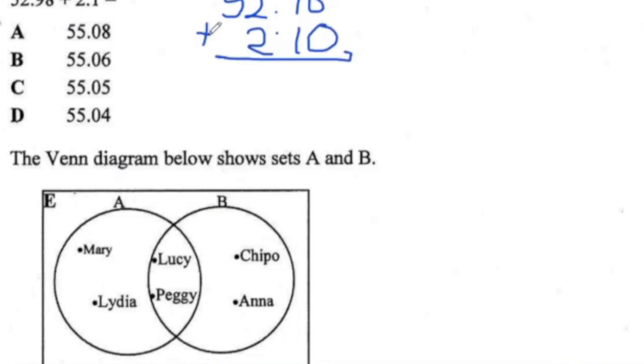Then I add. This is the key thing: you put the decimal point, you align them. That is what is important for you to add properly. You can't write 2 under 5 here and put the decimal point and 1 here. That is wrong. So you align the decimal point. As you can see, this is what I've done. So we say 8 plus 0 is going to give us 8.